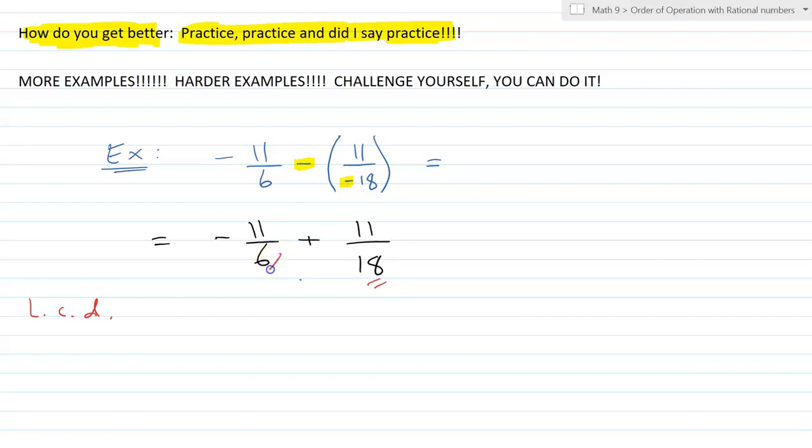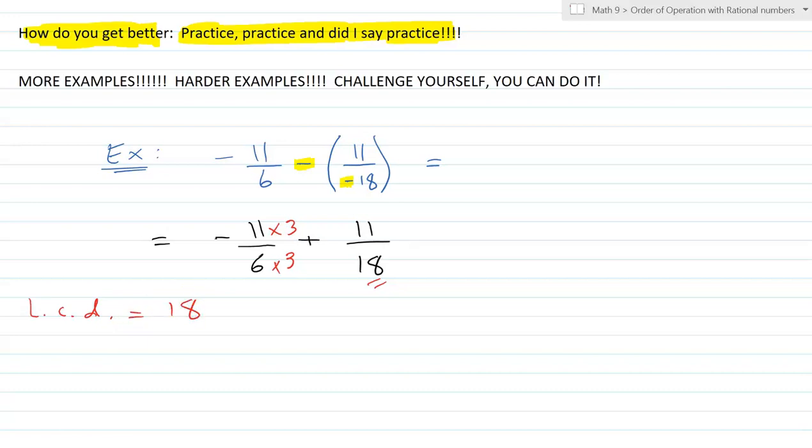So we just have to change the first fraction, the denominator of that, to 18. And how are we going to do that? Well, that is by multiplying 6 by 3, and so as the negative 11 on top. Great. So the LCD is 18.